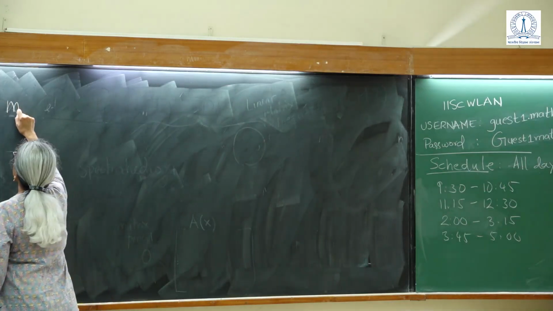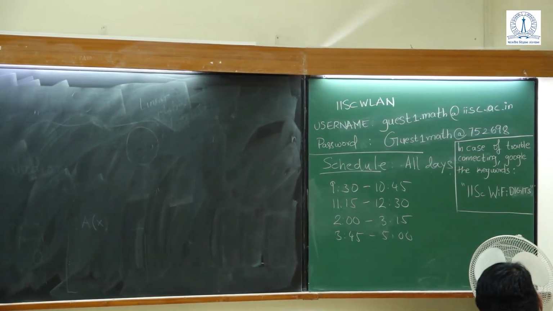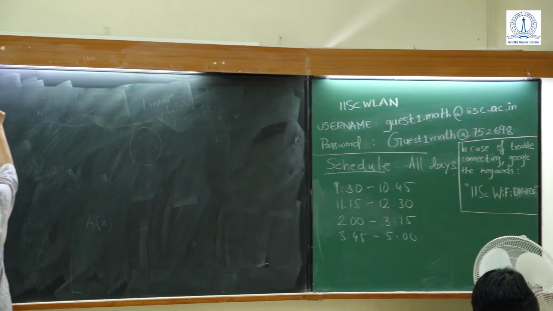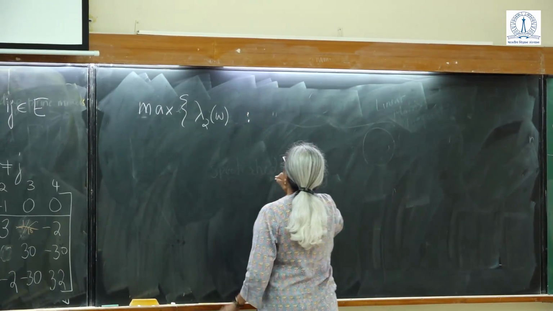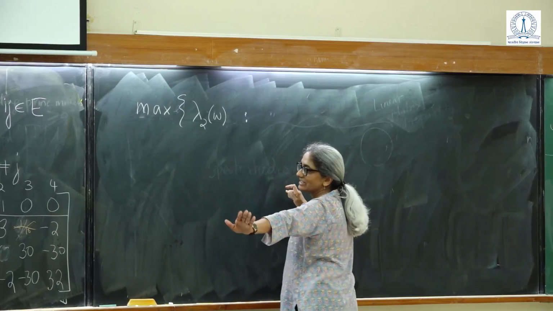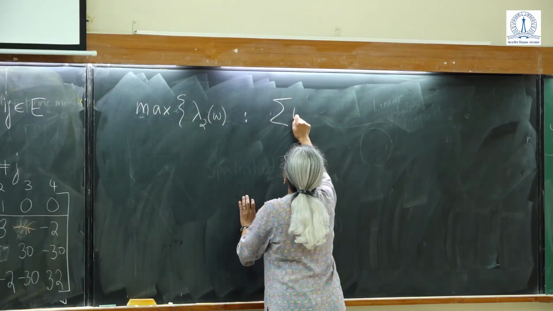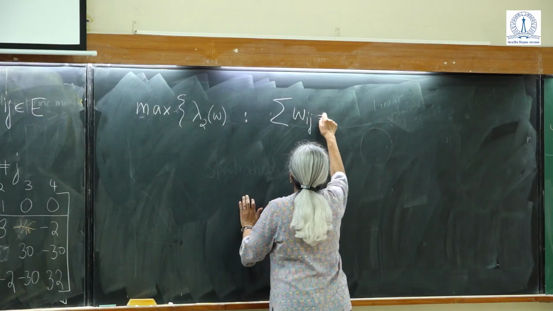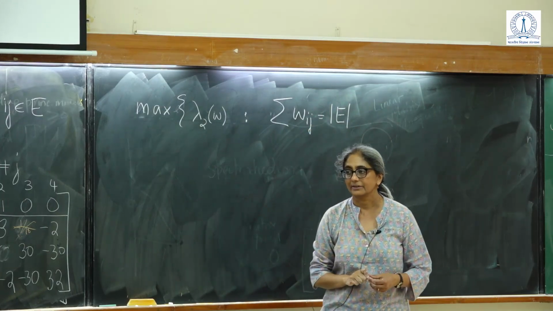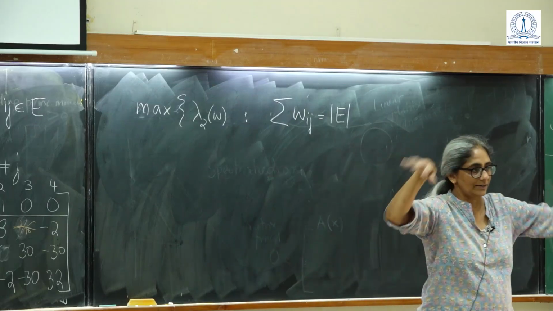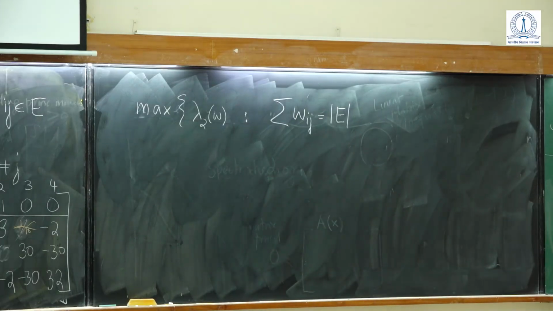So I want to maximize lambda 2, but it's a function of my weights. So let's write it as lambda 2 of w, subject to what Arun just pointed out. I'm going to insist that the sum of the weights is exactly some number. Let's say it's the number of edges. In the beginning, the weights were all 1, right? So the sum of the weights in that case is the number of edges.